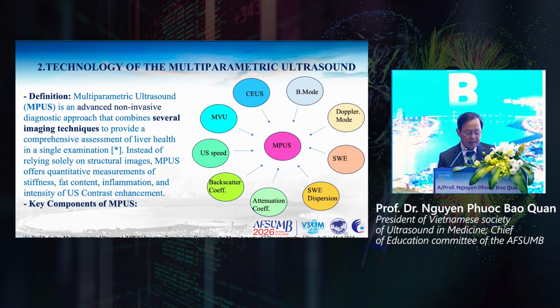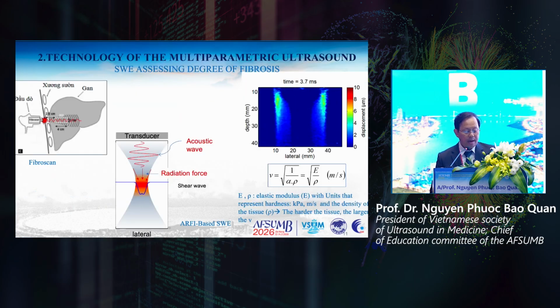In the picture, we can see the B mode, Doppler modes, shear wave dispersion, attenuation coefficient, backscatter coefficient, ultrasound speed, and microvascular ultrasound. And nowadays, AI technology can assist in multiparametric ultrasound.